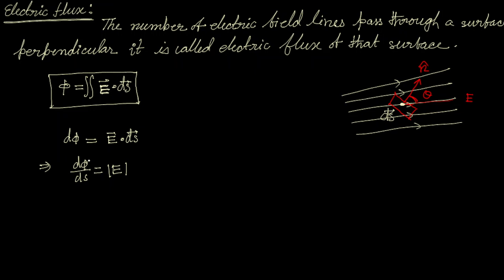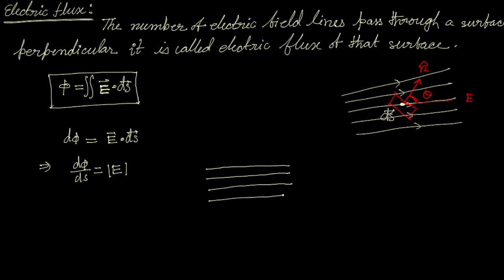What does this mean? Let's say we have an electric field which is uniform, that is, the magnitude is the same everywhere and the direction is also the same. In this case, we can represent this electric field by a set of parallel lines.